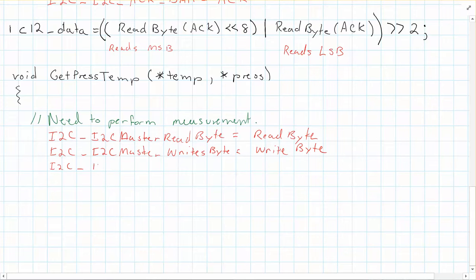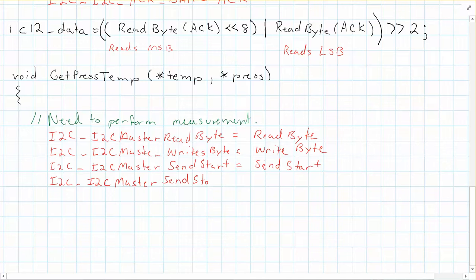I2C_I2C master send start is just going to be send start, and I2C_I2C master send stop is just going to equal send stop. Now again, this isn't anything you'd put in your code, this is just for this video.